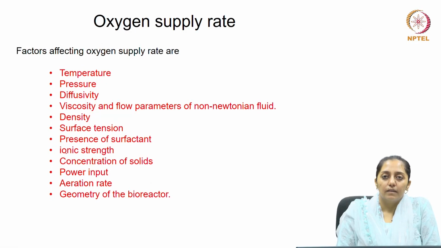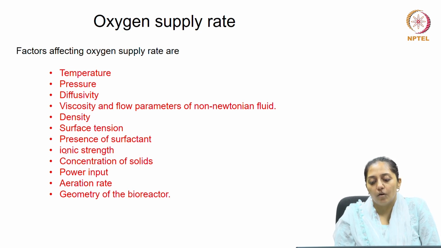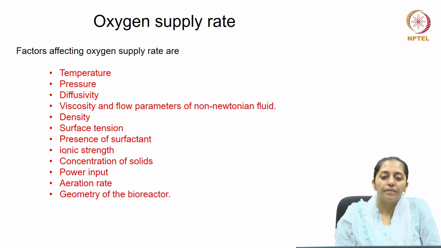So, the factors in a fermentation system which affect the oxygen supply rate or the oxygen transfer rate include temperature, pressure, diffusivity, viscosity and flow parameters of non-Newtonian fluids.